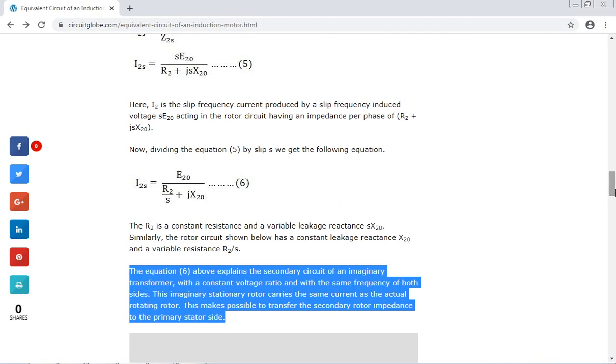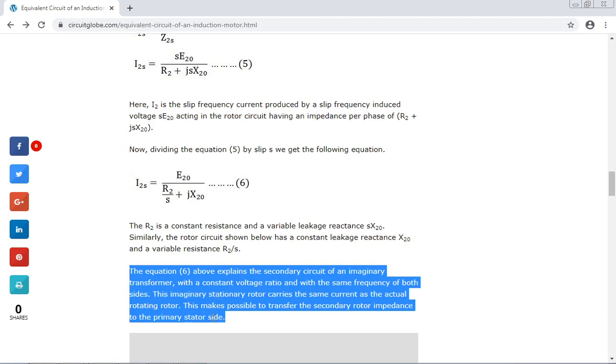Next, equation number 6 shows that we can divide the equation by the slip. To understand more, let's look at this statement. Equation number 6 above explains the secondary circuit of an imaginary transformer with a constant voltage ratio and with the same frequency on both sides. This imaginary stationary rotor carries the same current as the actual rotating rotor.